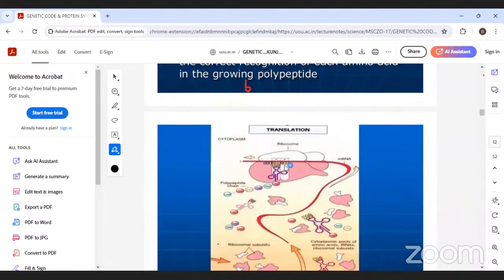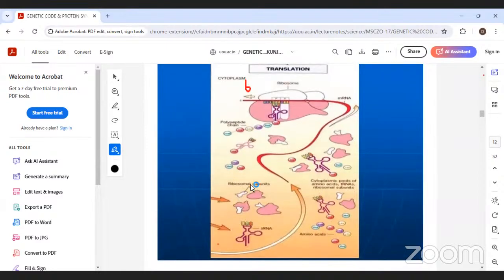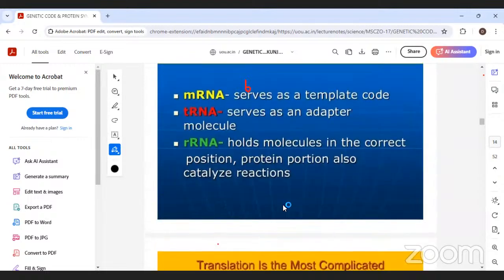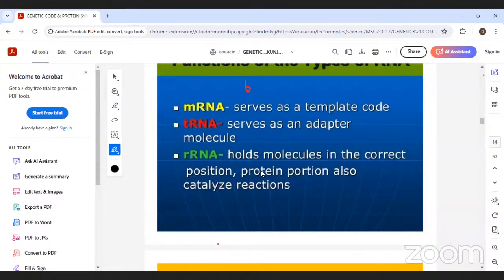This clover leaf model is the tRNA. And these are the ribosomal RNA. These three are most important, holding the protein, rRNA and mRNA in the correct position.